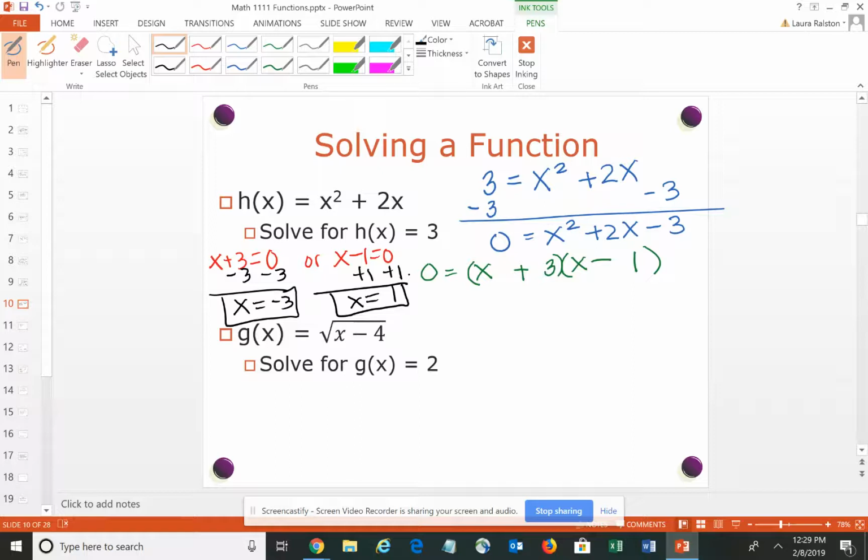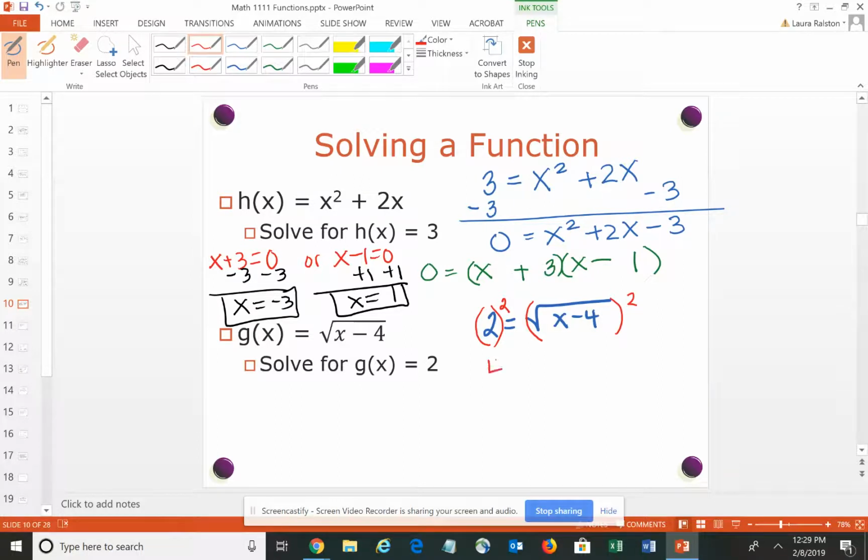The second function is g of x equals the square root of x minus 4. And it wants us to solve when g of x equals 2. So I would have 2 equals the square root of x minus 4. Then I'm going to solve that for x, but to do that, I have to get rid of the square root, which means I need to square both sides.